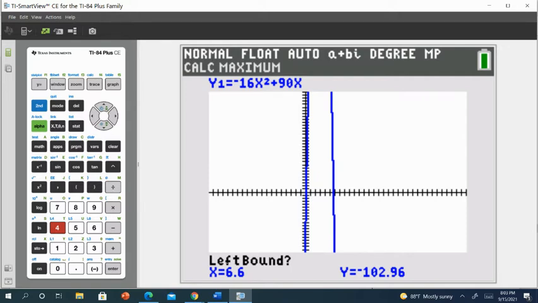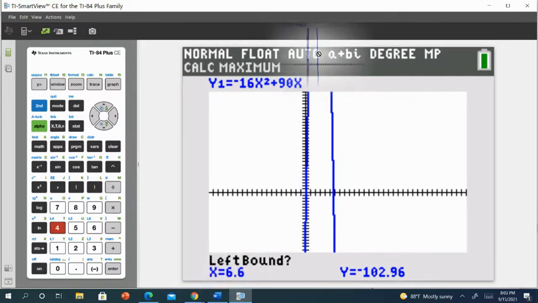It's asking you to put your cursor on the left side of whatever it is that you're looking for. So I'm looking for some point way up here that's off the graph, and I need my cursor to be on the left side. So I'm going to hit the left arrow key. Now you should have just seen my cursor. I'm going to keep going, hitting left.